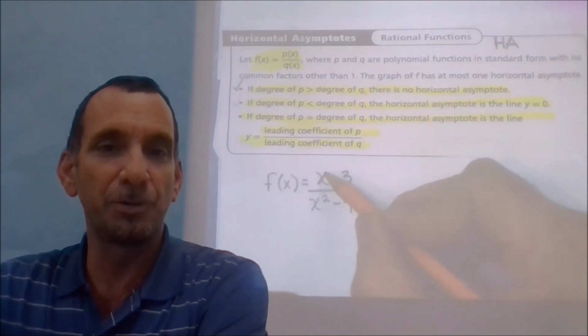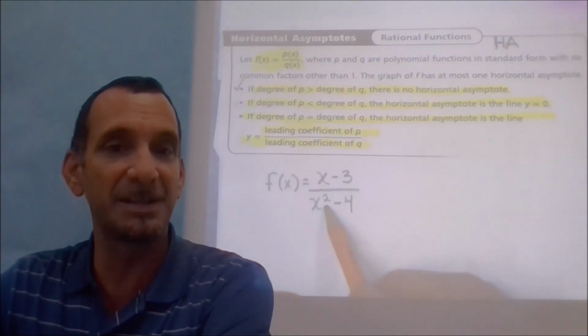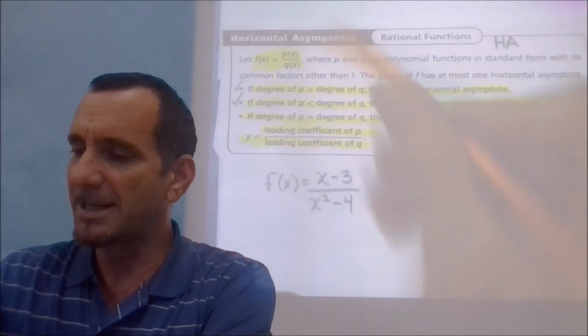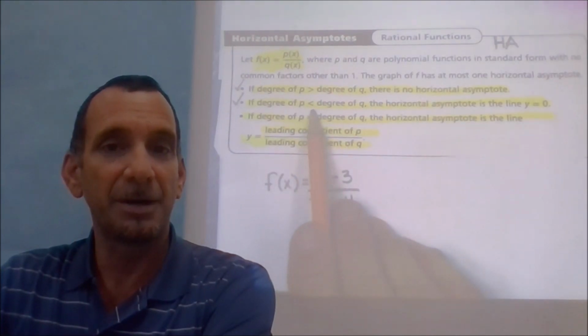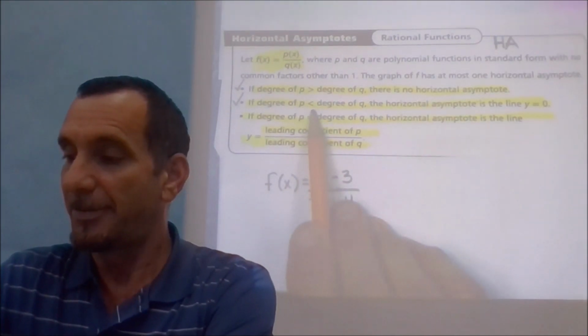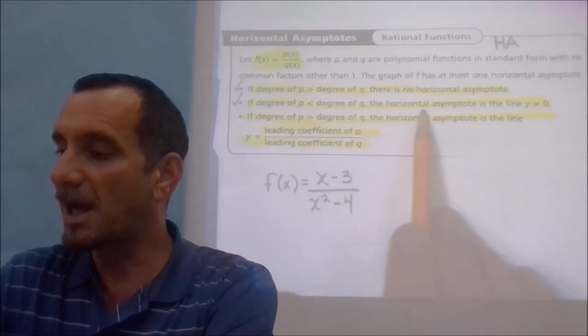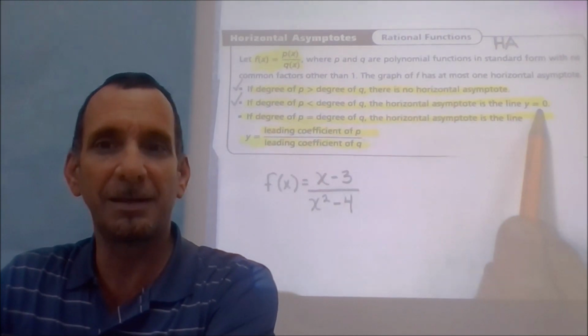The degree of the numerator is 1, and the degree of the denominator is 2. So, as you would guess, if the degree of the numerator is less than the degree of the denominator, then the horizontal asymptote is the line y equals 0.